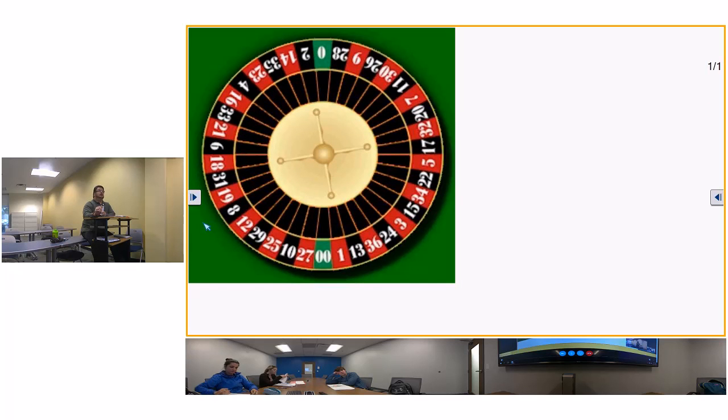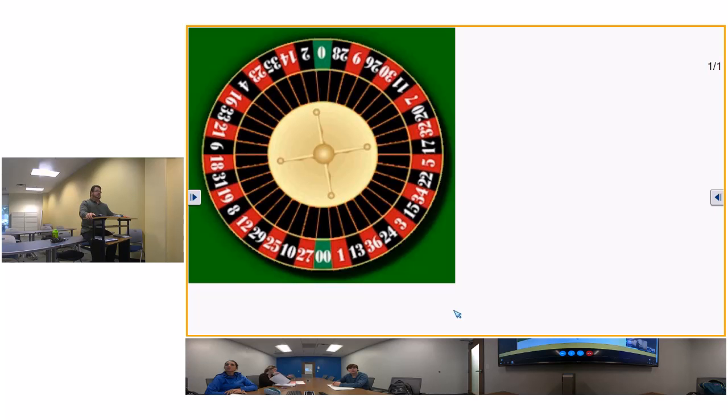Okay? And it has two or three parts. One is probability and the other one is odds. Now the question will read something like this. On a roulette wheel, there are 36 slots numbered 1 through 36 and 2 green slots numbered 0 and 00.